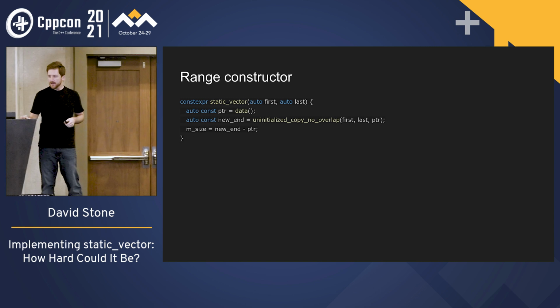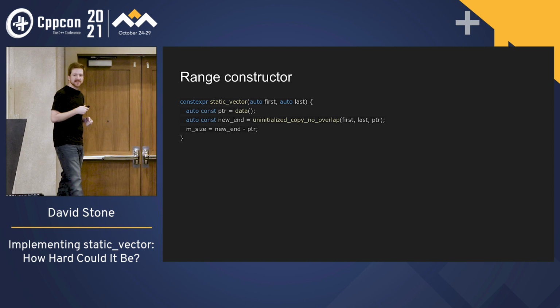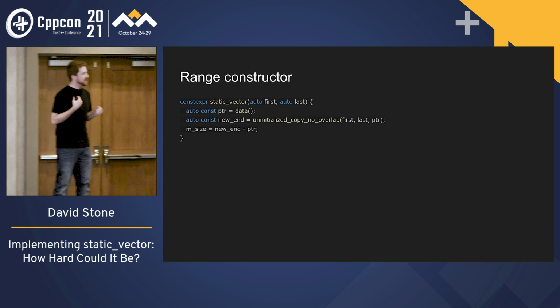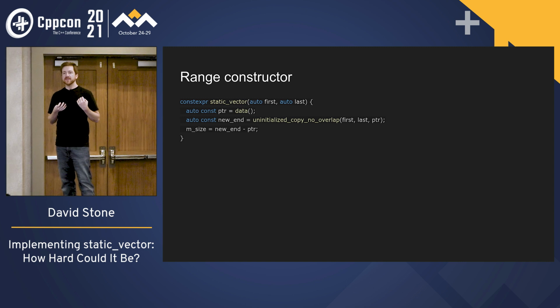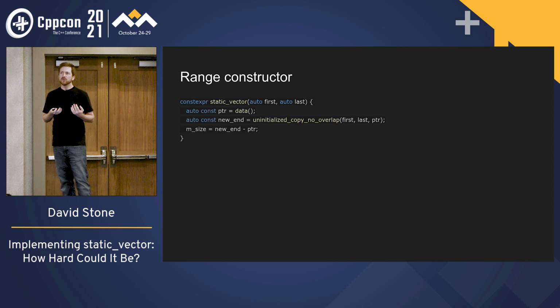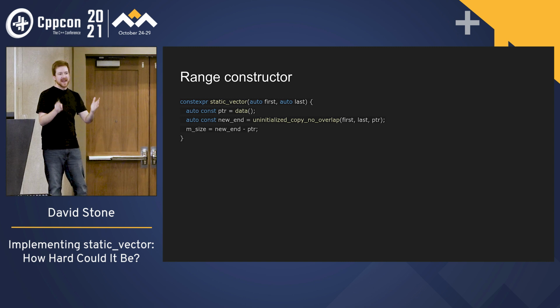Now, there are, fortunately, some things we can do. Ranges somewhat comes to the rescue. In C++20, there is an addition to the standard library, standard ranges take, I think, or views take, where you can specify, take the first n elements from the range.